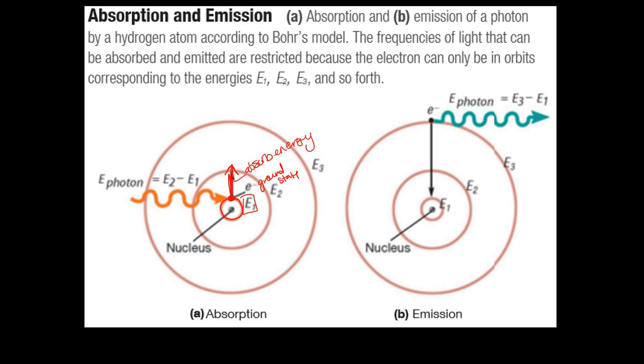When it gets to that next energy level, it gets so unstable that it's going to fall back down, and it's going to emit or release energy in the form of a wavelength.